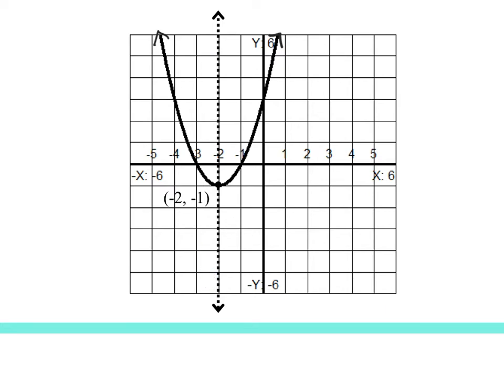The equation of this line is x equals -2, because vertical lines always have the form x equals a number. Now this point here is the minimum point of my parabola, and it's called the vertex. The coordinates of this point are -2, -1. One thing to notice is that the x-coordinate here will always match this number here, because this line is always going to go through the vertex, so the x values should match.